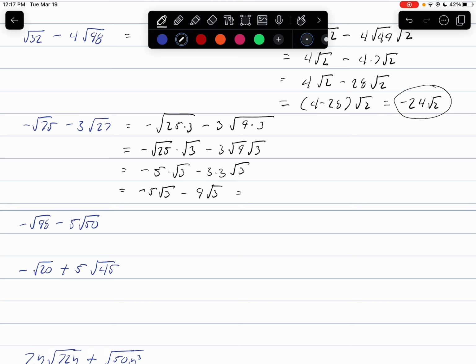And if we factor out that square root of 3, we get negative 5 minus 9 times the square root of 3, which gives us negative 14 times the square root of 3.